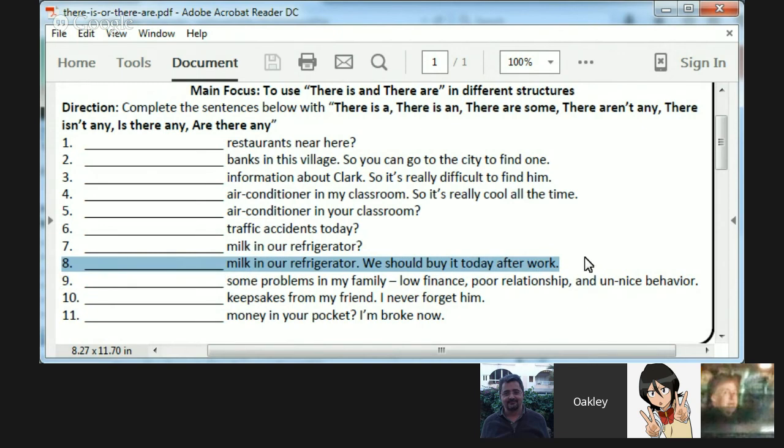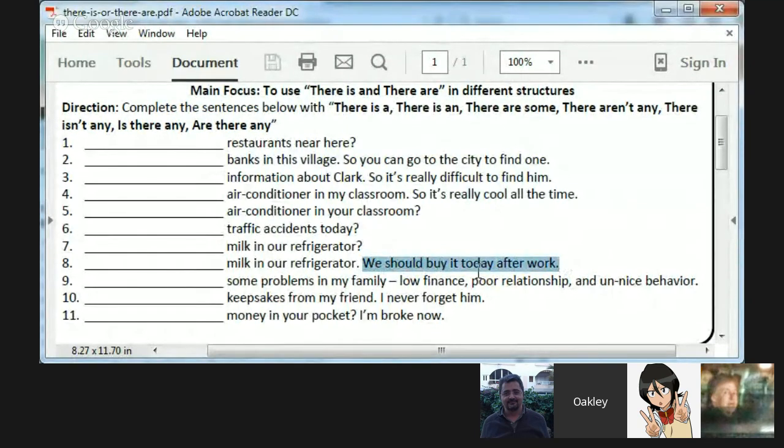There is a milk in our refrigerator. We shall buy it today after work. We need to buy it. There are milk because milk is uncountable. There is milk.